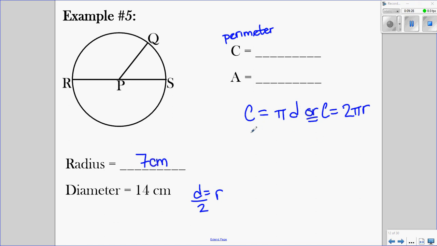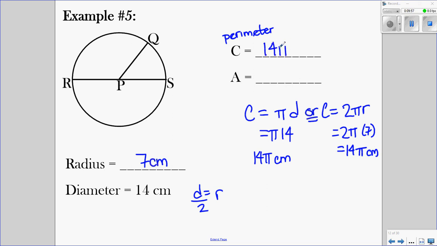So if you used the one with d, it would be 14 pi. Leave it in terms of pi. Many of you might want to convert it using 3.14, whatever. Just leave it in terms of pi. Or if you use 2 pi r, you would have 2 pi times 7, and of course you would get the same thing, 14 pi centimeters.